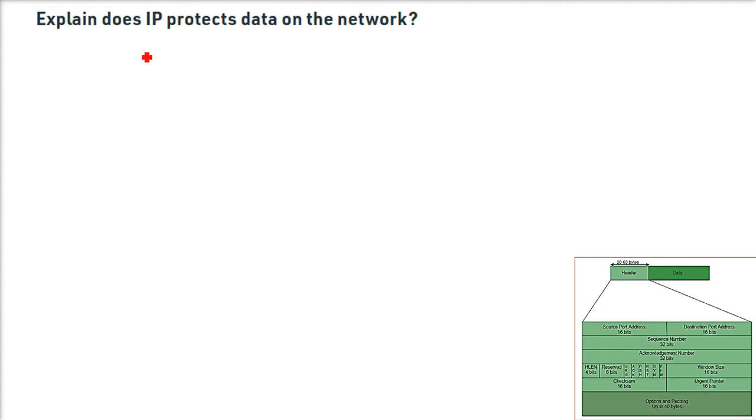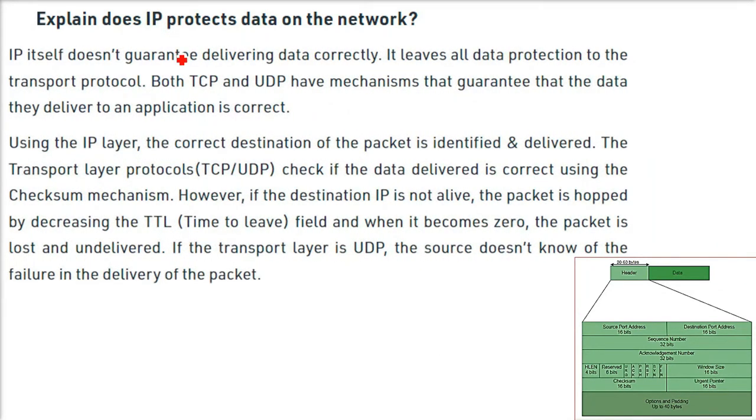Explain, does IP protect data on the network? So IP is Internet Protocol. IP by itself does not guarantee that data is delivered correctly. It leaves all the protection to the transport layer protocols, that is TCP and UDP.